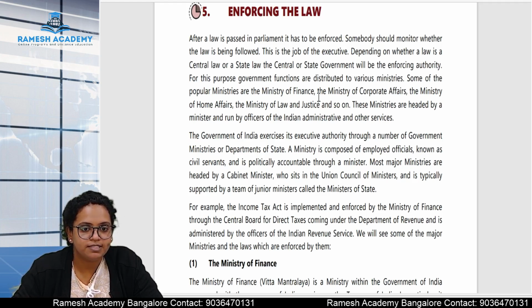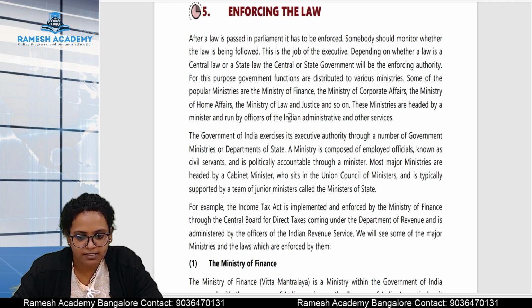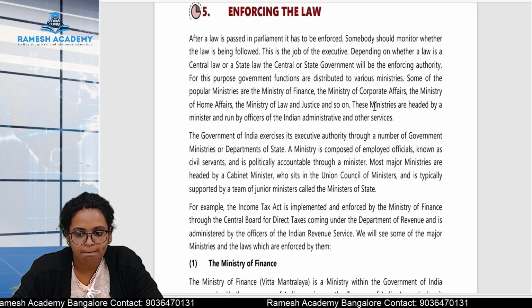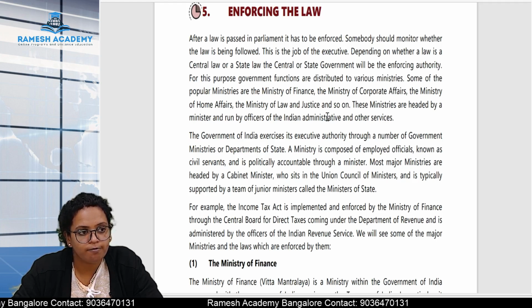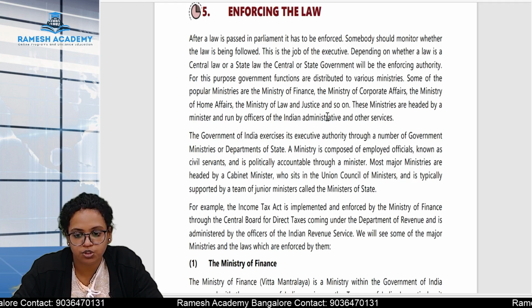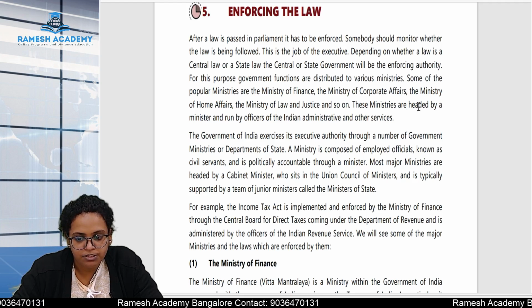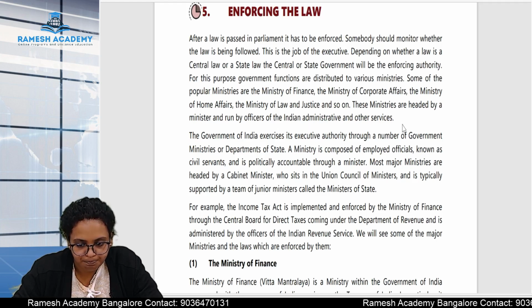Ministries such as the Ministry of Finance, Ministry of Corporate Affairs, Ministry of Home Affairs, Ministry of Law and Justice, and so on. There are many ministries, such as the Ministry of Agriculture and the Ministry of Medicine. These ministries are headed by a minister and run by officers of the Indian Administrative and other services.